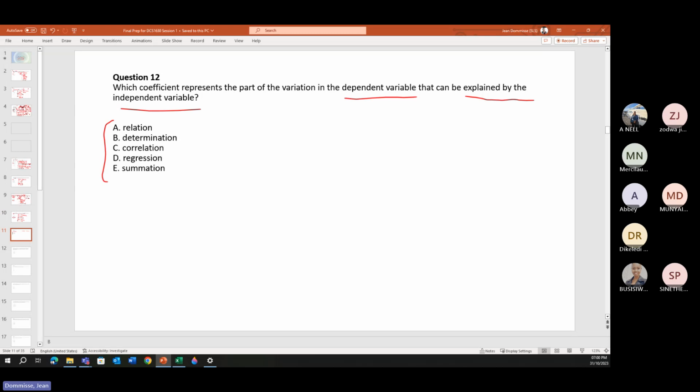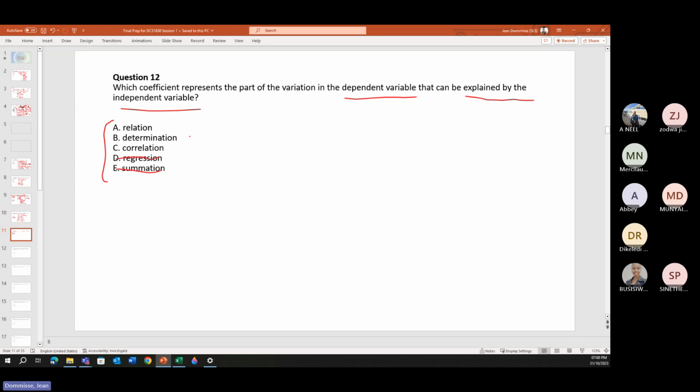So let's look at the set of answers. There isn't a summation coefficient. This has to do with regression, but there is not a regression coefficient. Okay, so we have a correlation coefficient.